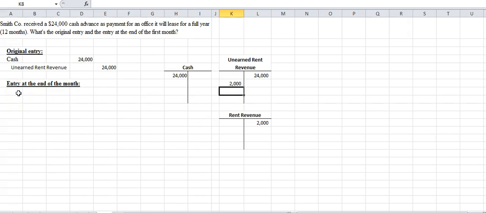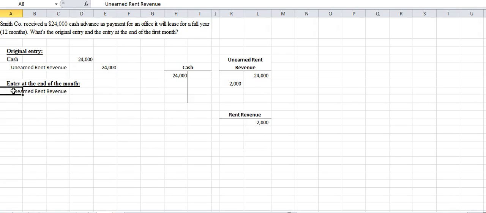So the entry is going to be equal to, you're going to lower your unearned rent revenue by $2,000 and you are going to go ahead and recognize rent revenue, because now you've earned it, by $2,000. Okay? You're going to do that every month until you've earned your full $24,000, right? So you're going to do that for 12 months.